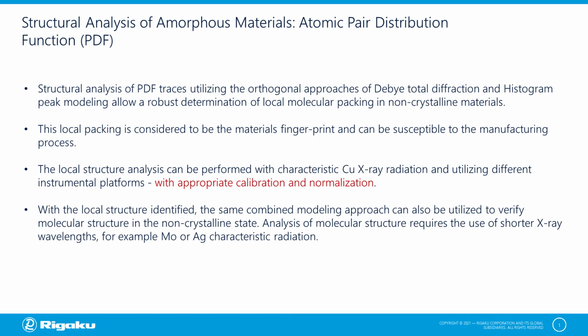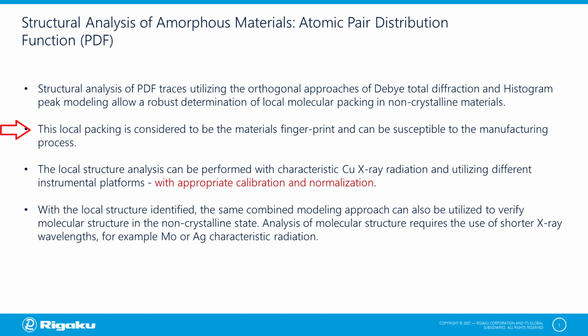To summarize our journey together through the structural analysis of amorphous materials using atomic pair distribution functions, we have found throughout this presentation that the structural analysis of PDF traces, utilizing the orthogonal approaches of total diffraction and histogram peak modeling, allows a robust determination of local molecular packing in non-crystalline materials.